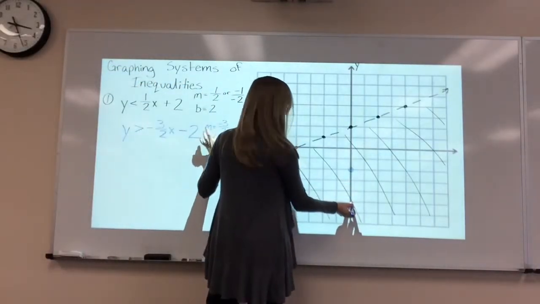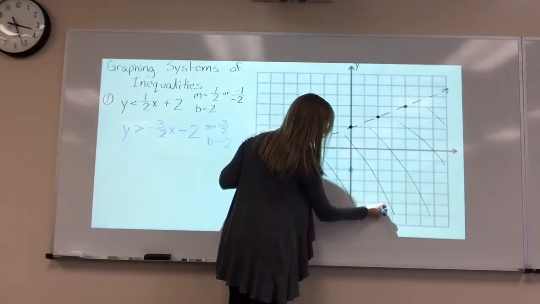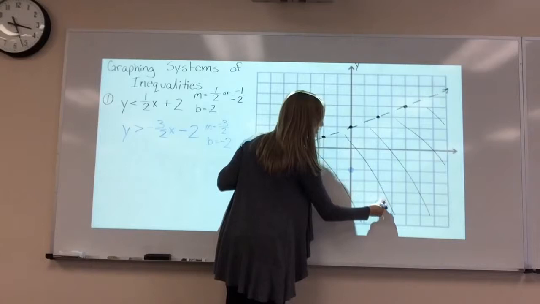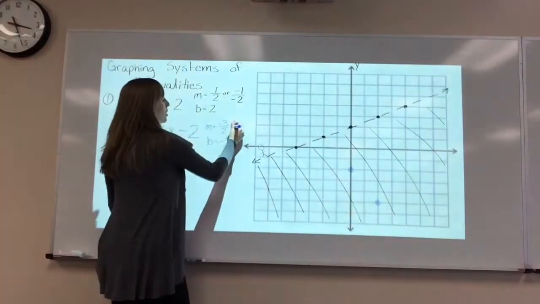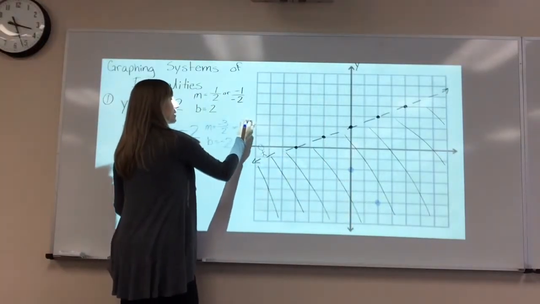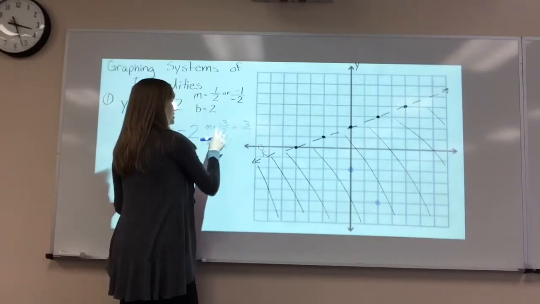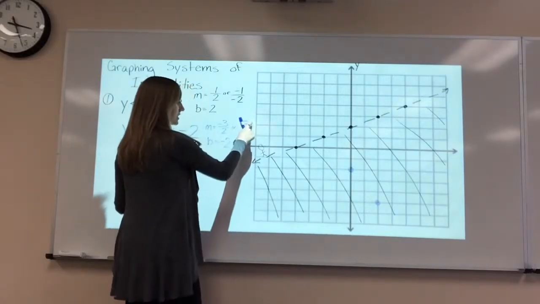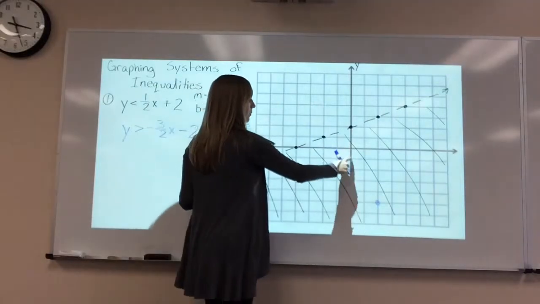My run is a positive 2, so I go to the right 2. Okay, I don't have room to do that again, so I'm going to go ahead and do the opposite. So instead of negative 3, let's make it positive 3. Instead of positive 2, we make it negative 2. So positive 3 tells me to go up, 1, 2, 3.